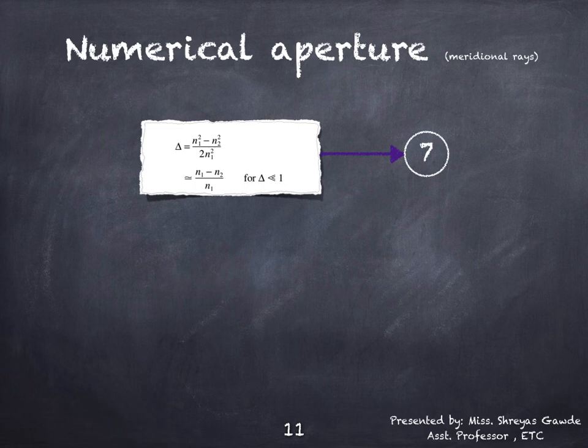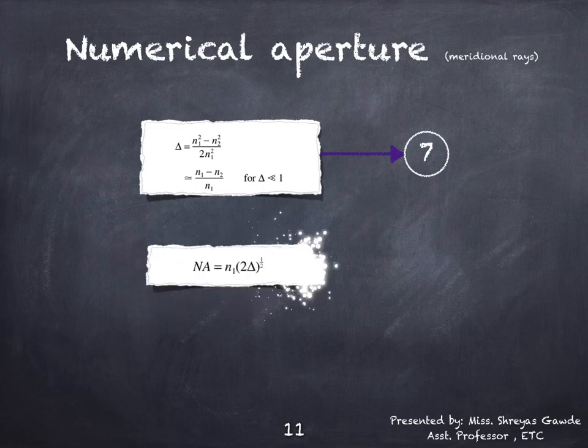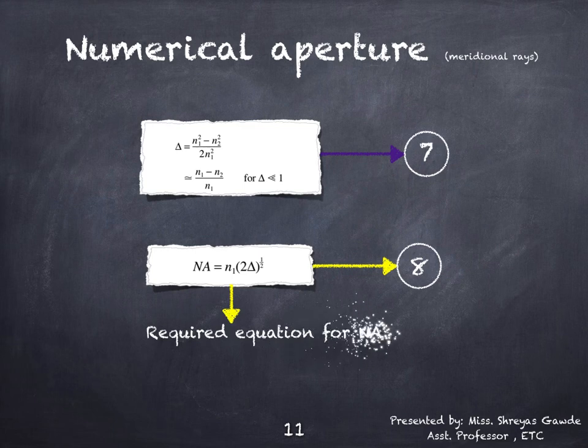Now combining this equation, that is equation number 7, and the previous equation, that is equation number 6, we finally get the required equation for numerical aperture, that is numerical aperture is equal to n1 into 2 delta the whole raised to half. So this is the final required numerical aperture equation in terms of delta.